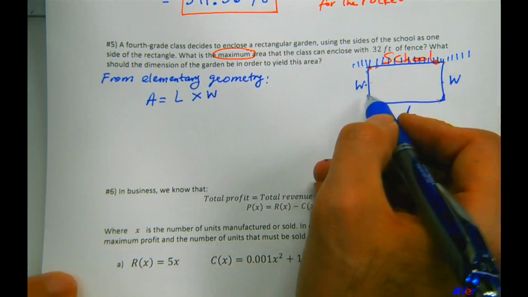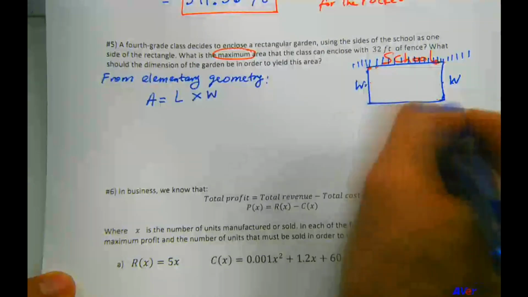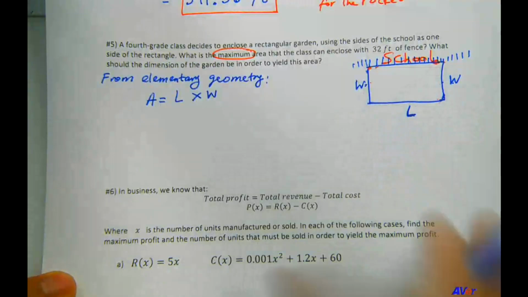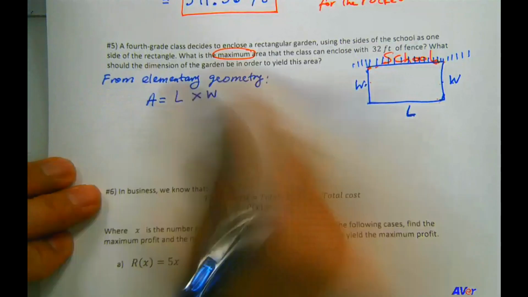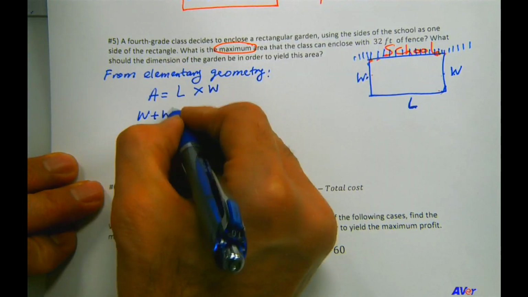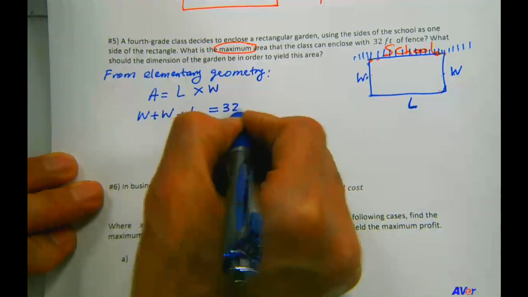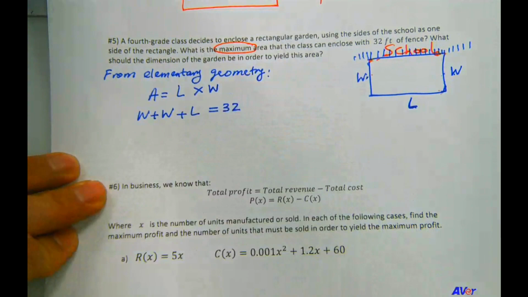So then we know that W plus W plus L, that length, must be equal to 32 feet. So let's write that down. So W plus W plus L must be equal to 32 feet. Okay?